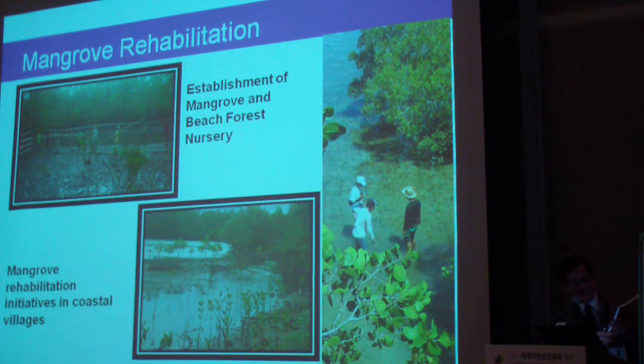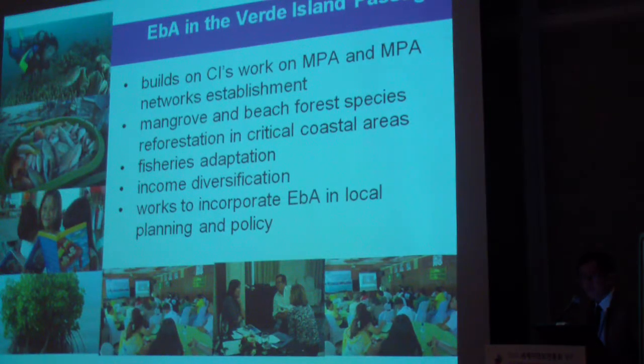There's a listing of different types of beach forests that disappeared, and some of them are out there, and we are propagating some of the beach forests that can be planted to stabilize some of the areas, to protect areas from storm surges. We have a mangrove rehabilitation initiative in the coastal villages. So these are the things that we're doing to achieve the objective of securing coastlines.